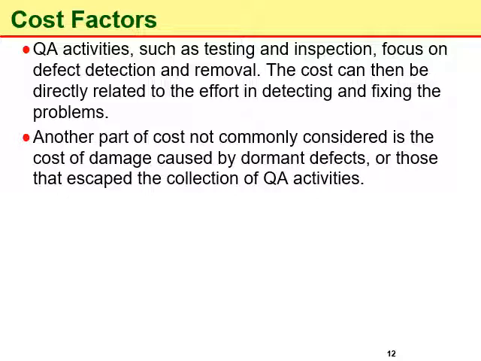Then implementation costs, which is in fact the second cost here, include the cost to design, implement, and assure selected features and mechanisms such as backups and redundancies. Failure or accident cost, which is the third cost, is similar to the dormant defect cost that we just discussed for defect prevention and defect reduction techniques.